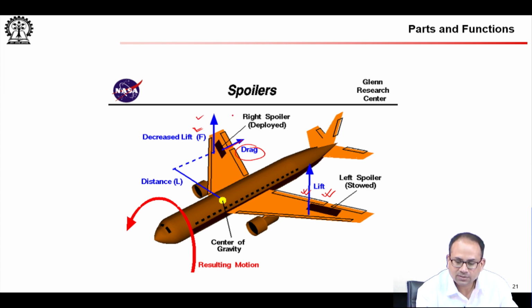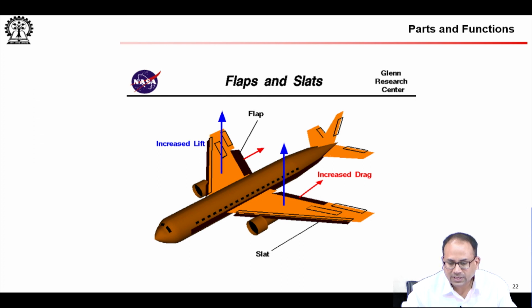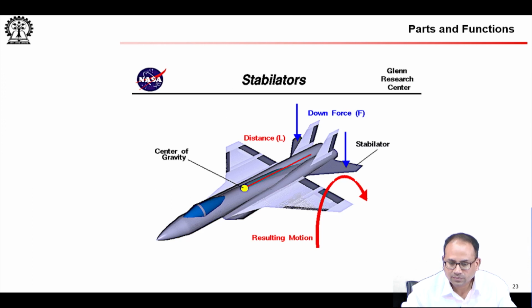So, lift decreases on one side, lift stays the same on the other. So, you have a rolling motion, and at the same time, since your lift has decreased here, this has more drag from the induced drag. So, that is counteracted by this drag because of the sticking of the spoiler into the main flow stream. Flaps and slats, we have gone through this: increased lift and increased drag.